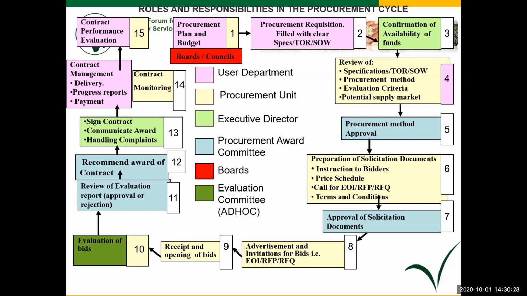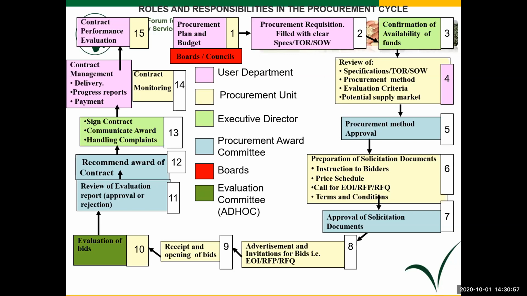Finance will do its duty. In most cases, finance does it because it is delegated. However, if it's not a delegated function, the accounting officer will do that. For the case of AFAS, we do both. The accounting officer confirms after getting assurance from the head of finance that the money is available. That's when he signs off that requisition.